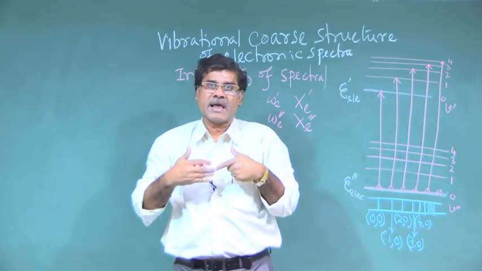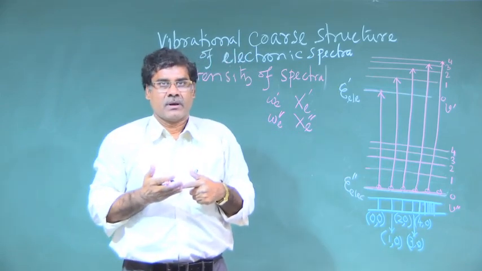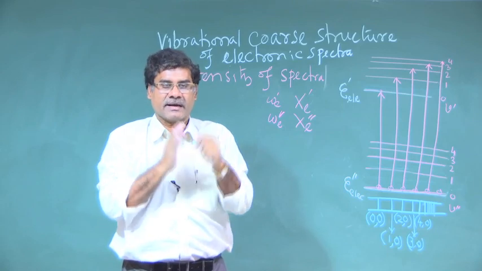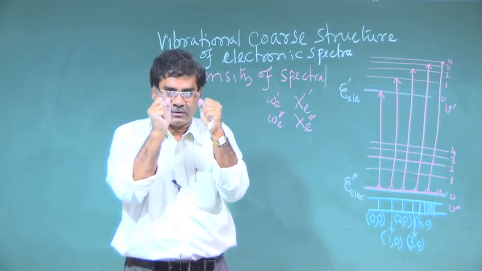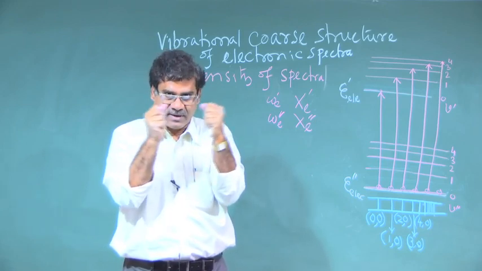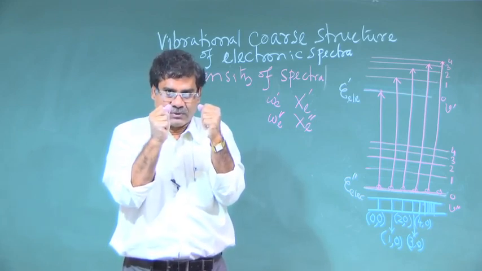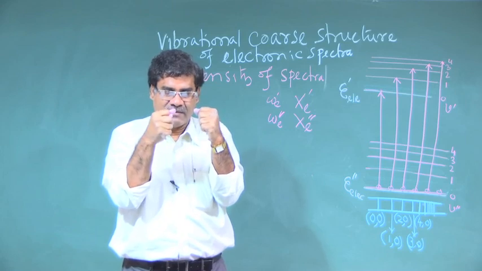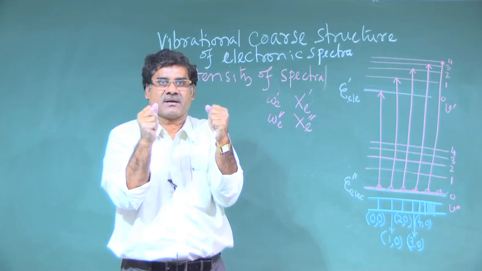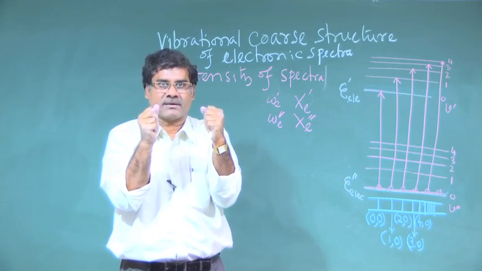Now, from here it is going to another electronic state. When it goes to another electronic state, it will be in a different vibrational configuration. That means two atoms in a molecule are vibrating. So, energy levels of this vibration depend on the separation of these two atoms, right.